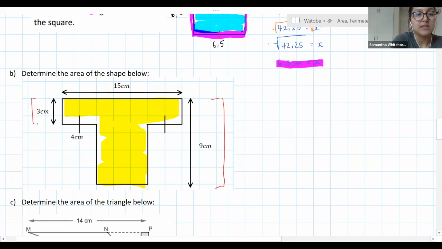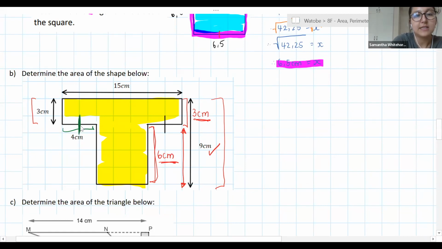And this 3 centimeters is the crossbar of the T. Because it's a rectangular shape, this length here is also 3 centimeters. If we know the whole thing is 9 and we've already counted 3 centimeters, this bottom bit here is then 6 centimeters, because 6 plus 3 gives the 9 centimeters.